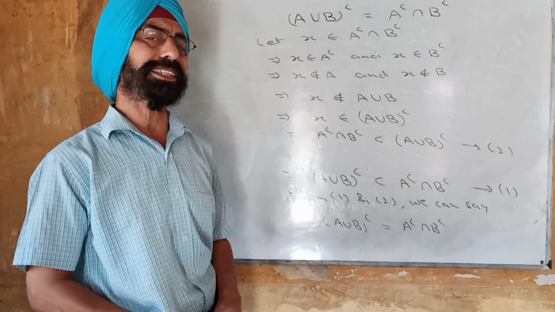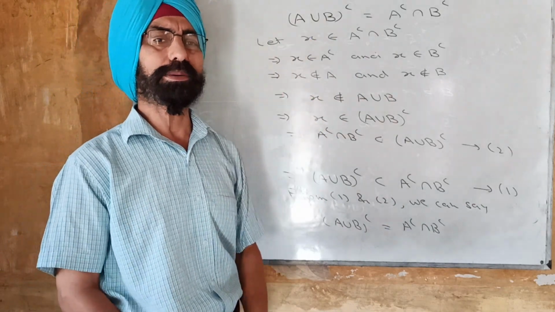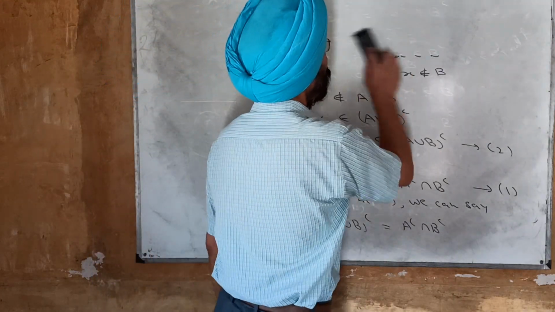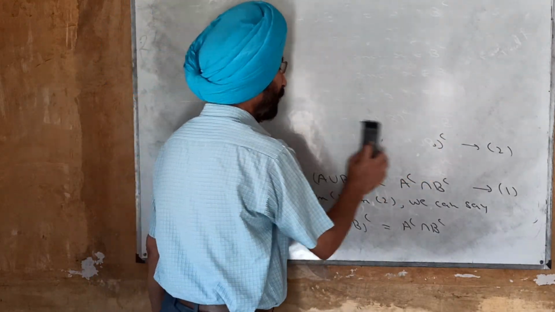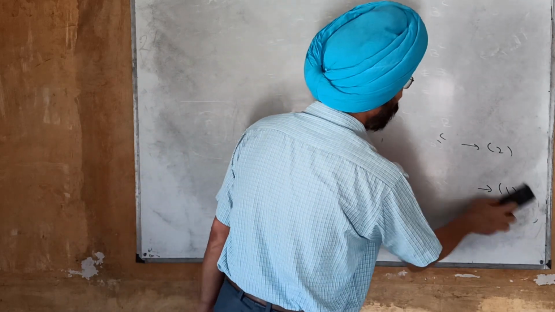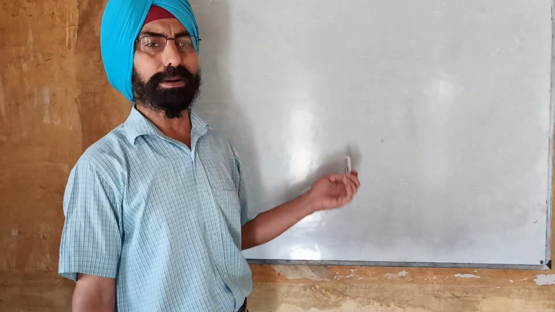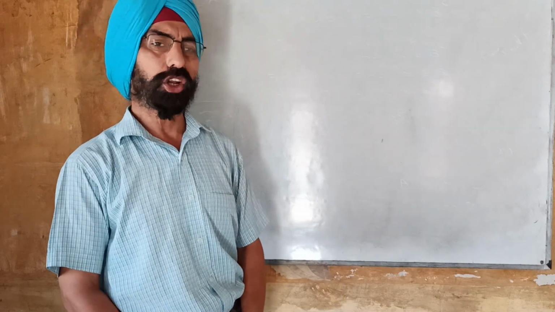On the same lines, the second De Morgan's law can be proved. So it is an important law and is used in several places in higher mathematics. So you have to keep it in mind, that is De Morgan's law.